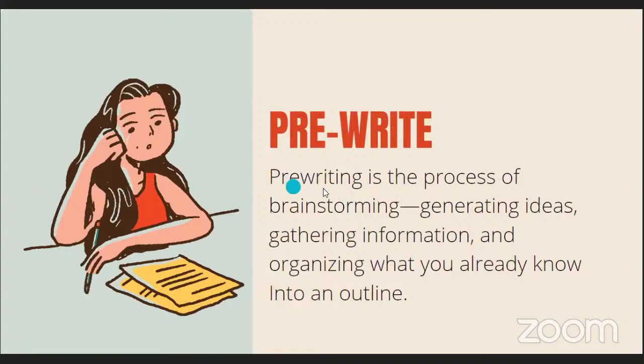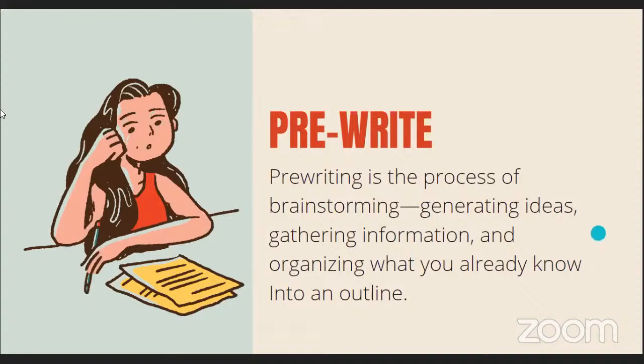Or if you want to write on a particular application, you can use YouTube for that. This is where you get a pen and paper, generate ideas, gather information, and come up with an outline for what you want to write. So this is the pre-writing stage.